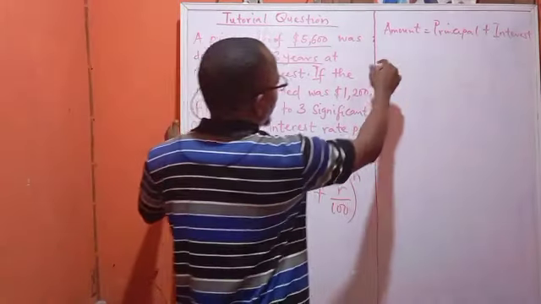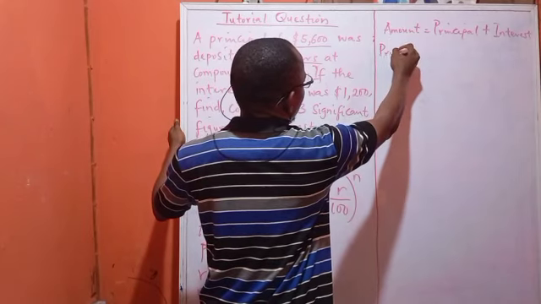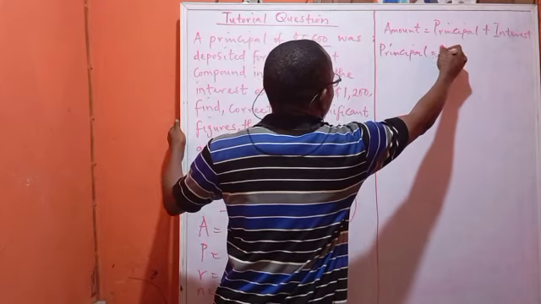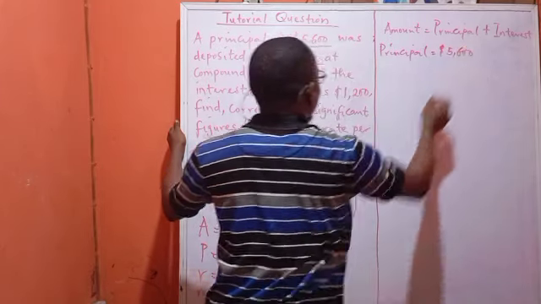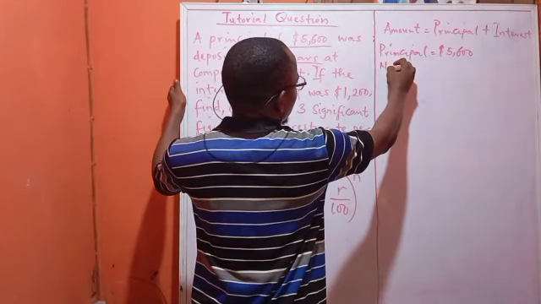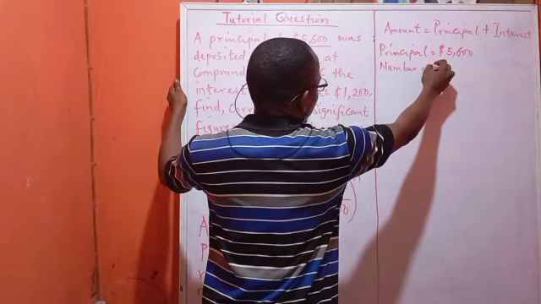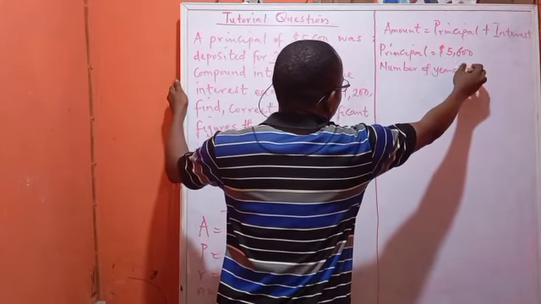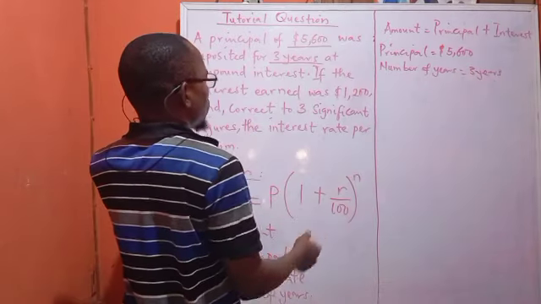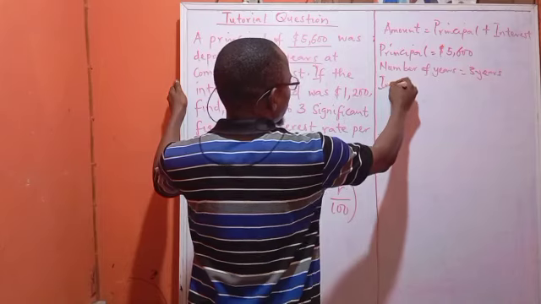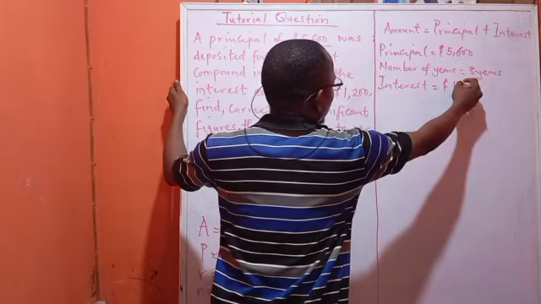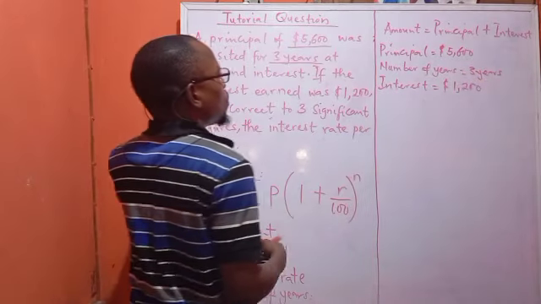Let's put down our values. The principal is $5,600, and the number of years is 3 years, which is the time. The interest is $1,200.